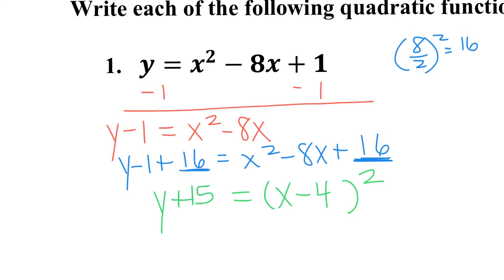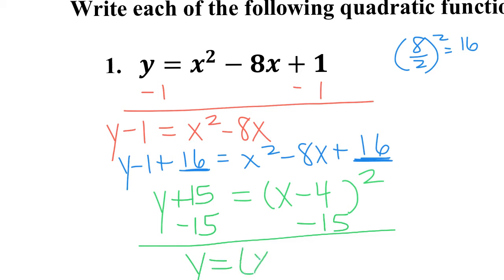And then lastly, we just need to isolate y. So we're going to subtract that 15 to the other side of the equation. And we have y equals x minus 4 squared minus 15. And so you'll notice that finding h and k, your vertex, is going to be 4, negative 15.